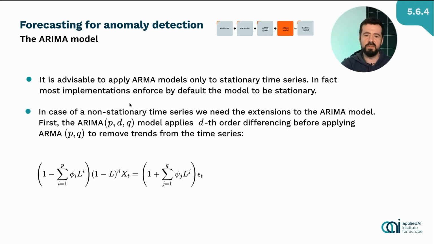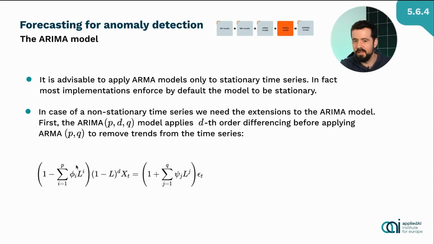And this is just what's been done in the ARIMA model. So the ARIMA model has now a new parameter d. Here the first parameter p gives the number of autoregressive lags, the number q gives the number of moving average lags, and d is the number of times we want to apply differencing to our time series. In the equation that looks just like that.